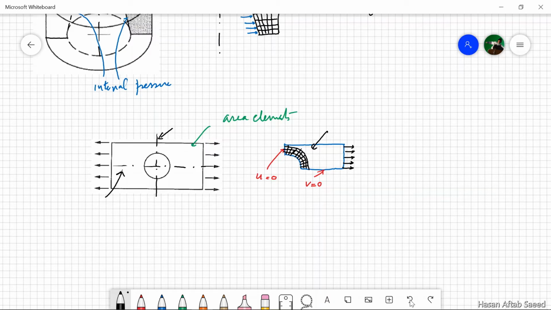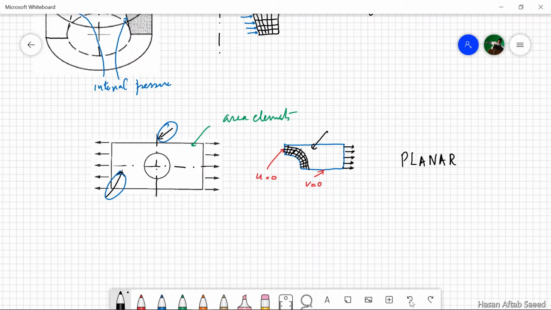So again, first you reduce this problem from a 3D problem to a 2D problem, let's say a plane stress problem, and then furthermore you reduced it further to 1/4. So this kind of symmetry, where there are two planes here, this plane and this plane, and it is symmetric about these two planes, is called planar symmetry.